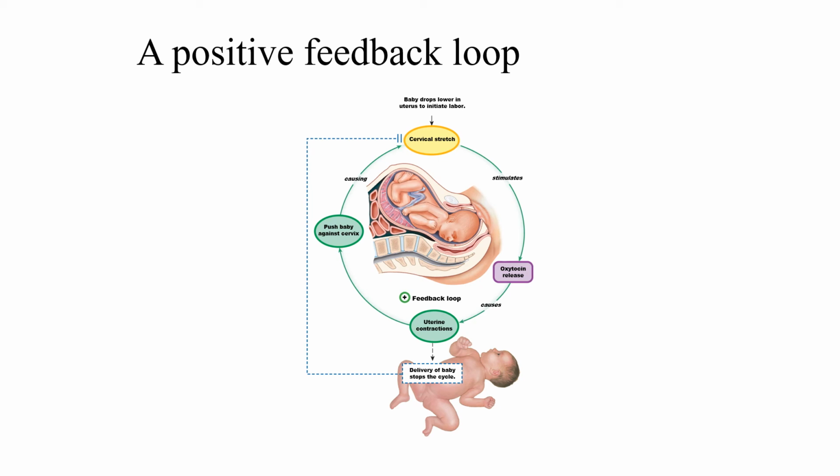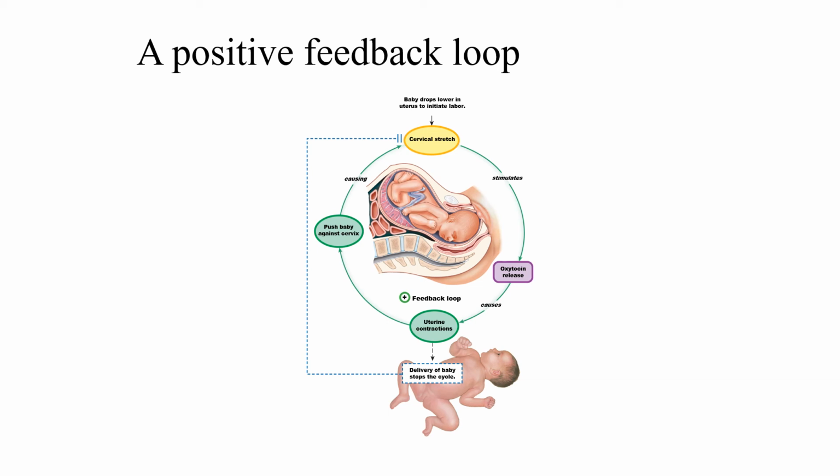And so that response is going to keep increasing, and the oxytocin is going to keep getting released, and the cervix is going to stretch out more, and the uterus is going to contract even more. And so notice how we're moving away from that normal range.